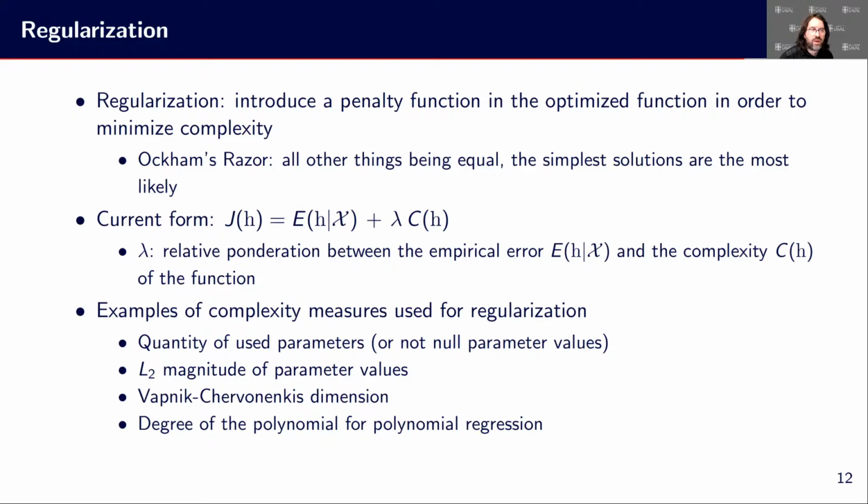There is also the Vapnik-Chervonenkis dimension. This is a rather elaborate theoretical approach. The point is that this is measuring the capacity of the model to classify well complex settings of data sets.